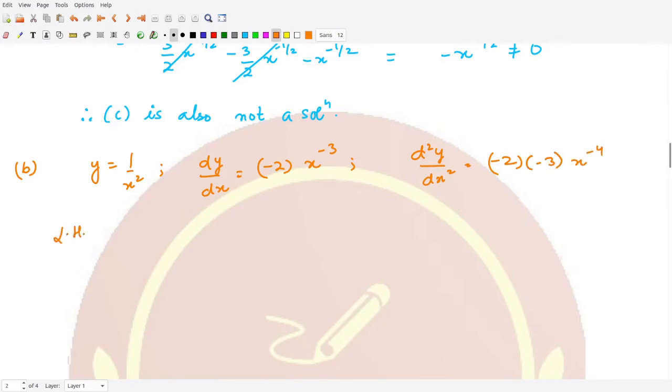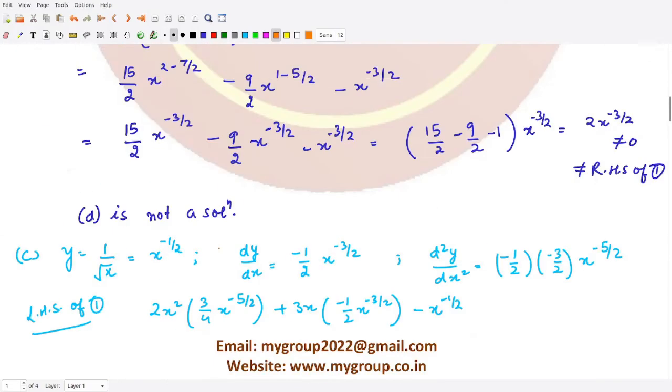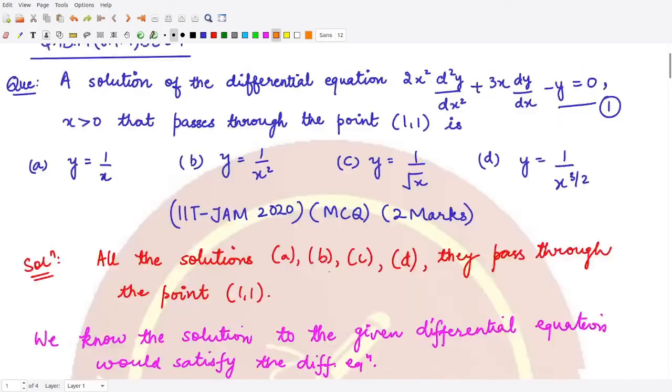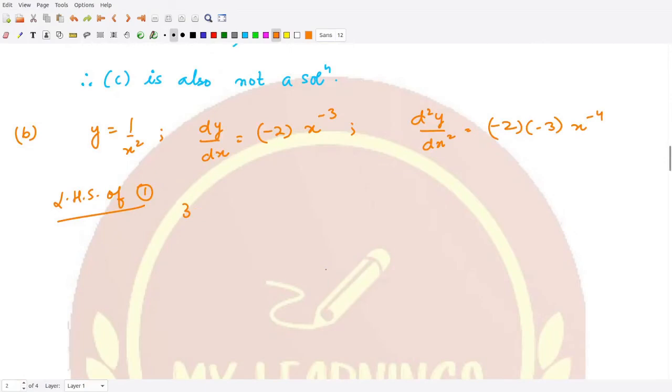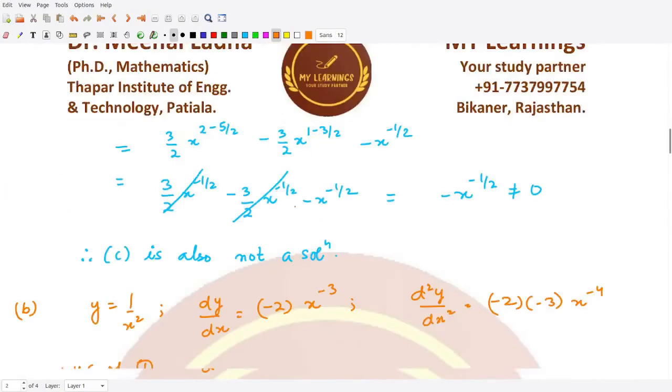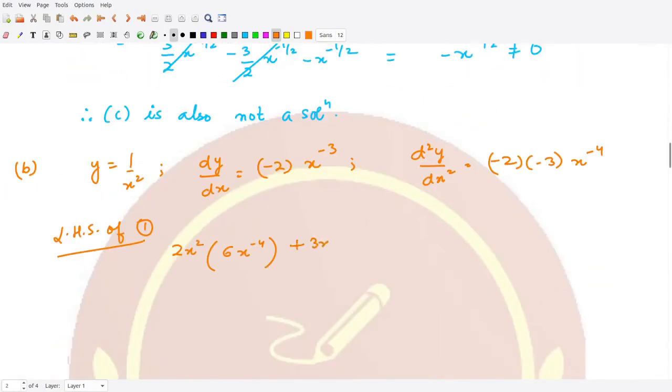So therefore the left hand side of your equation 1, the given differential equation, it would be 2x square multiplied with the second derivative. So that is 6x to the power minus 4, right? And then you have plus 3x, the first derivative, that is minus 2x to the power minus 3, minus the value of y, which is x to the power minus 2.